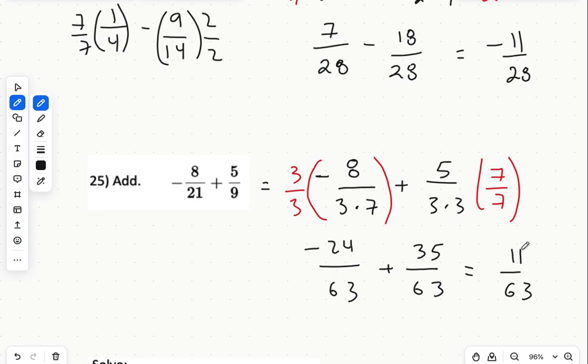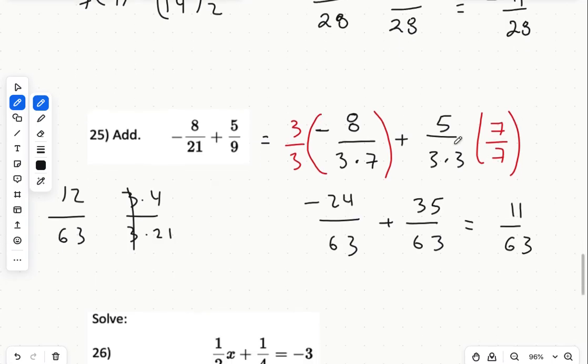If I had gotten, for instance, right here, just pretend for a second I had gotten 12 and 63, then at that point, that looks like 3 times 4 and 3 times 21, and I would have to be careful to reduce that fraction. But for this particular example, neither of these answers reduce.